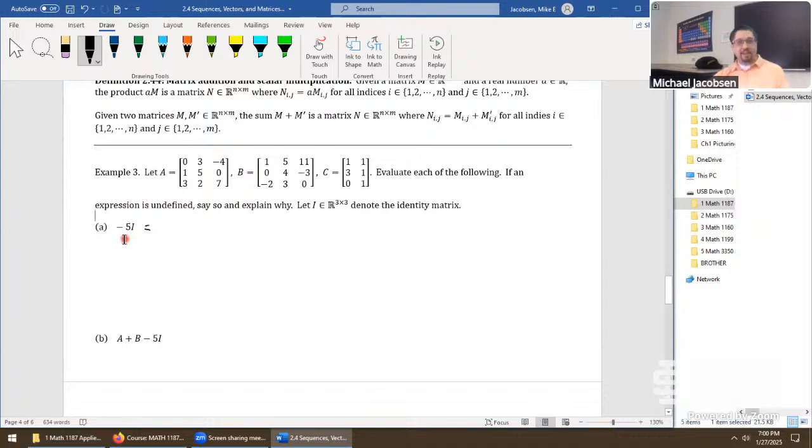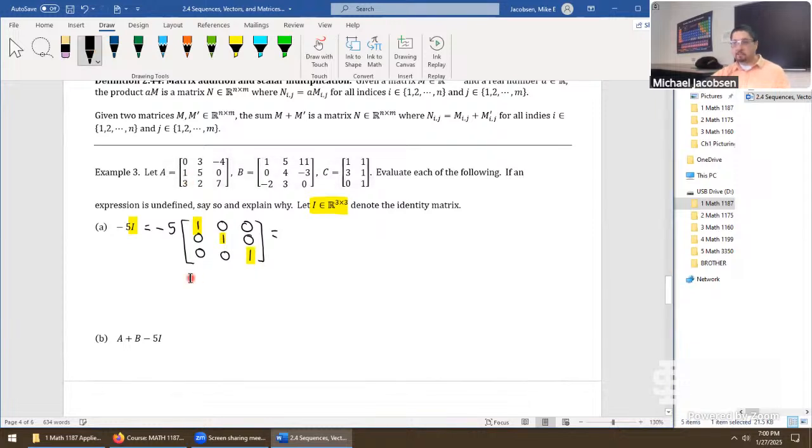To really write it out, here's how it would look. It's -5 times, going column-wise, 1, 0, 0, 0, 1, 0, 0, 0, 1. Because we only have ones on the main diagonal highlighted in yellow, that's how we know it really is the identity matrix. The moment we change anything, no matter how small, if you put, say, 0.1 here, it's no longer the identity matrix.